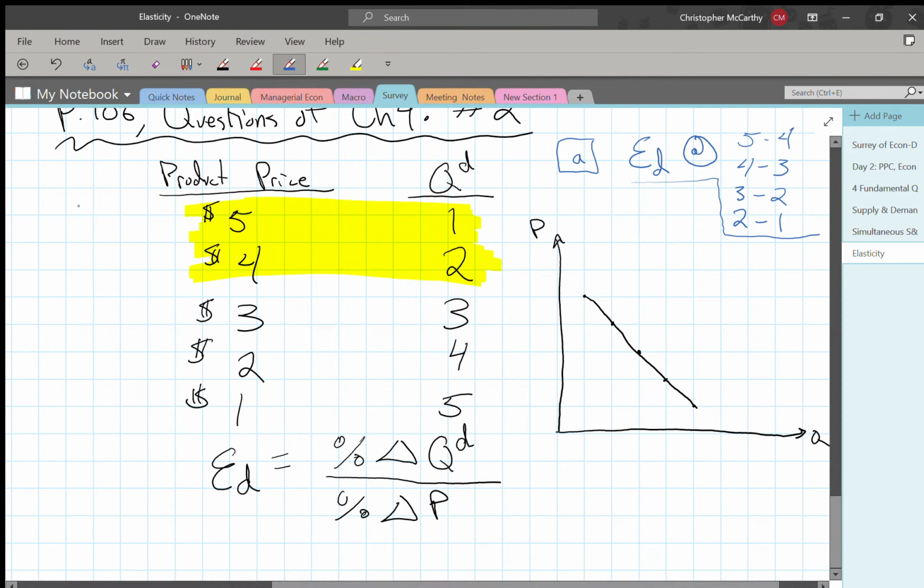We have a point that's 1 quantity and $5, if we want to do the old XY coordinate pair, and we've got 2 quantity and $4. So you can think about this as, this is Q1, that's Q2, this is P1, and that's P2.